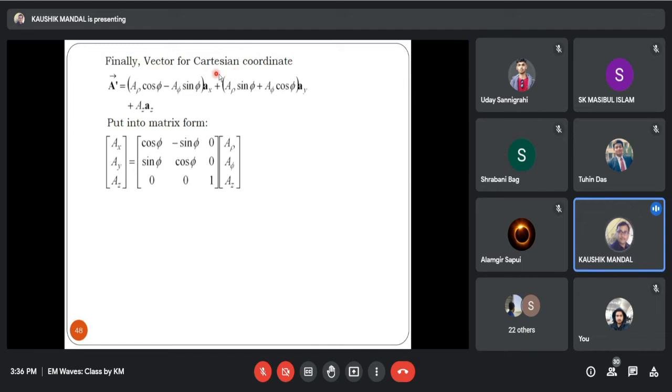Finally, the vector for the Cartesian coordinate system, what will be A dash? A dash equal to ax, ay, az, where ax is the unit vector, ay is the unit vector, and az is the unit vector. So you can put it into matrix form.